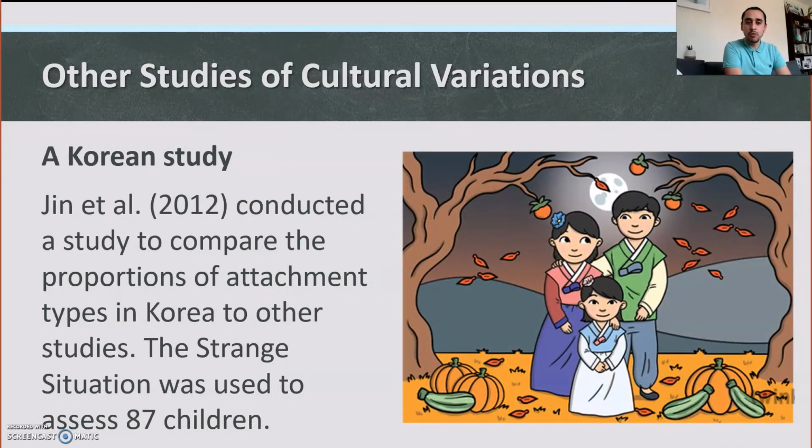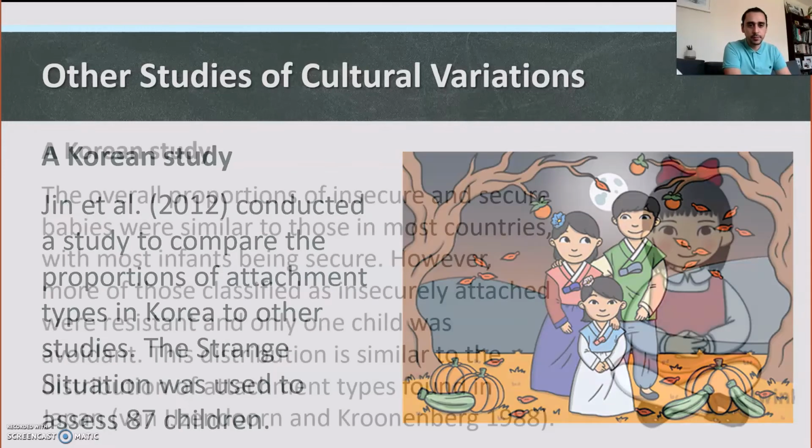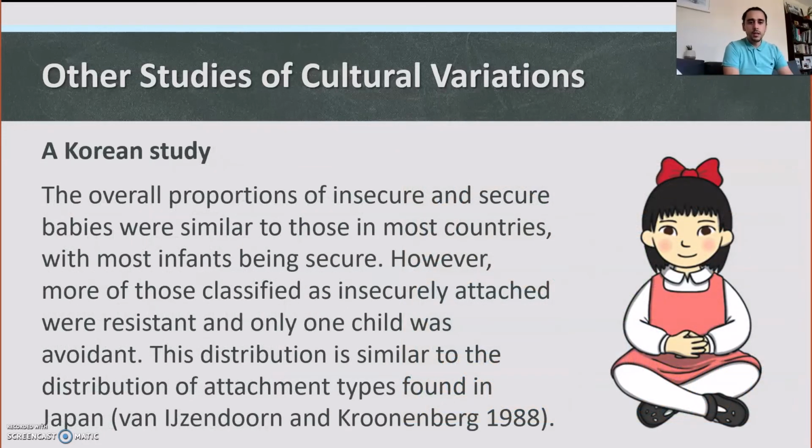There's also a Korean study done by Jin et al. in 2012, who conducted a study to compare the proportions of attachment types in Korea to other studies. The strange situation was used to assess 87 children. The overall proportions of insecure and secure babies were similar to those in most countries, with most infants being secure.